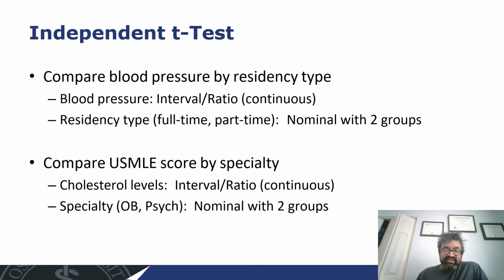So, like for instance, compare USMLE score by specialty. That's one that is like cholesterol levels. That's continuous. Specialty OBGYN, nominal with two groups.